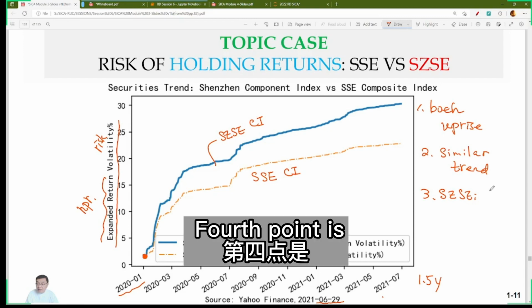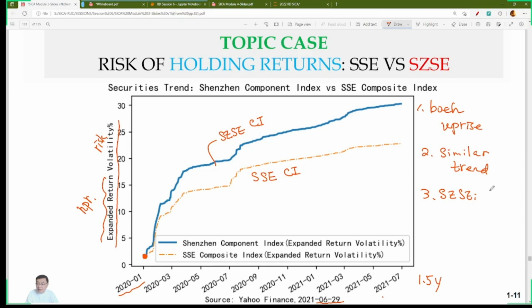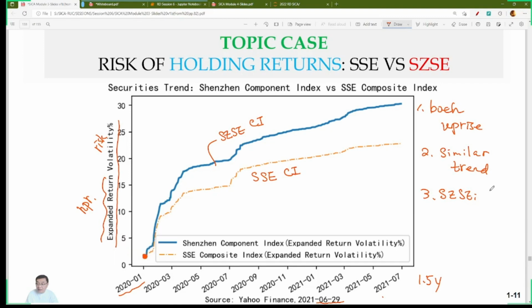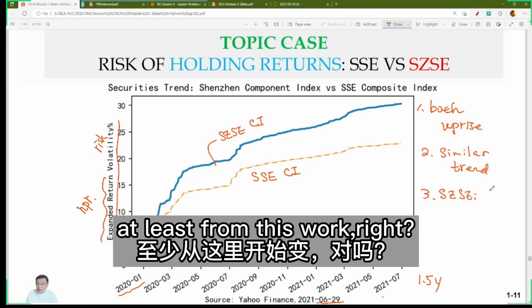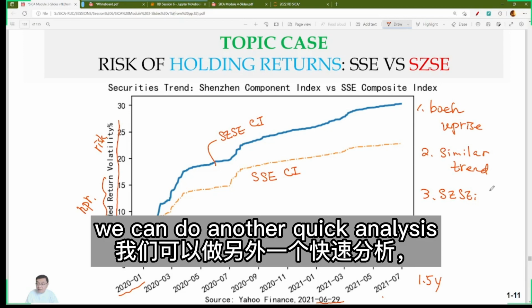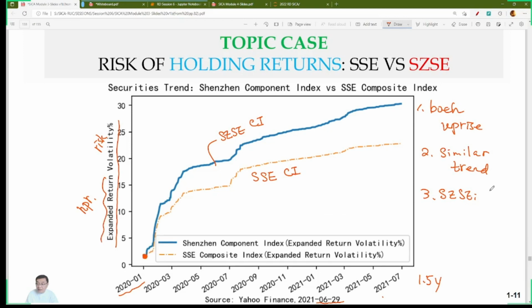Fourth point, the spread becomes bigger and bigger, at least from this graph, right? We don't know the situation after the period. We can do another quick analysis in the same way, but for this year.